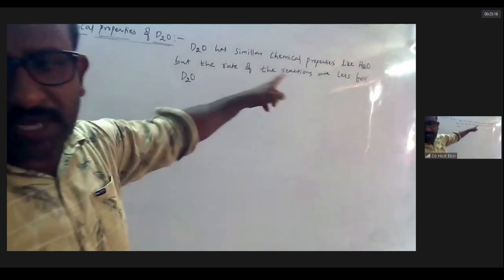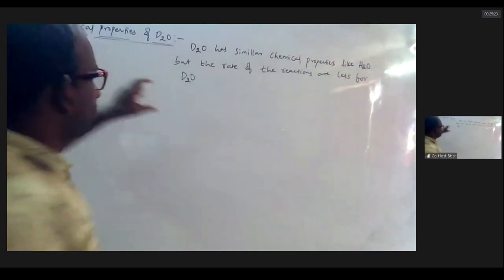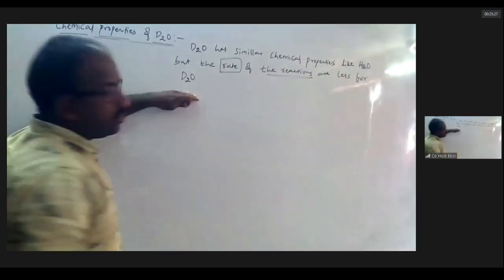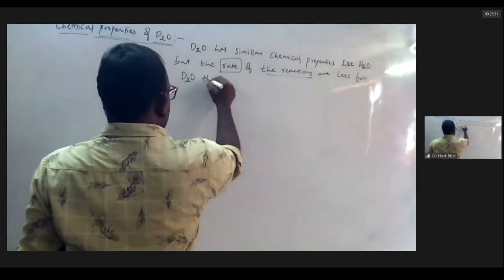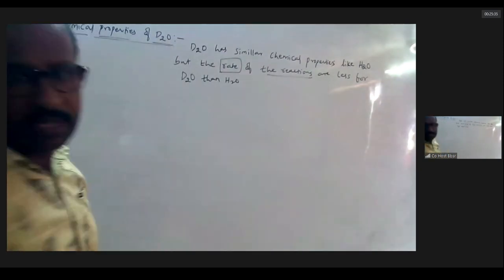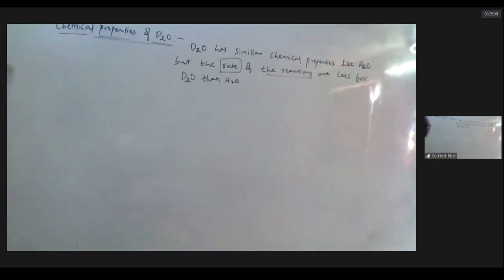The rate of reactions is less for D2O, meaning D2O reactions are slower. The speed of the reactions is less for D2O than H2O. Okay? So H2O reacts faster, and reactions with D2O are slow. Okay? Now we see here the chemical properties.